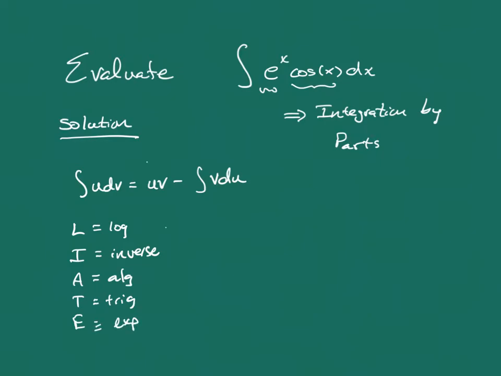In this case, our e to the x is the exponential function, and our cosine is a trig function. So what do we choose? u becomes the trig function, and dv then just becomes everything else. That's exactly what we're going to do.